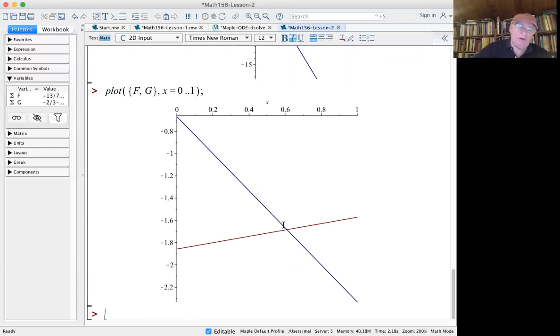Let's look at more interesting questions. Suppose we want to find the points where two parabolas intersect.